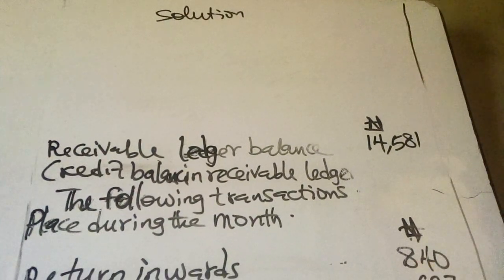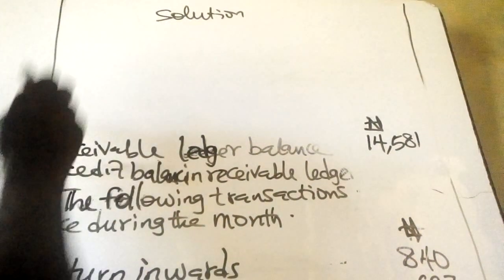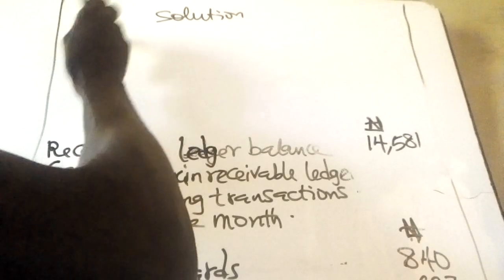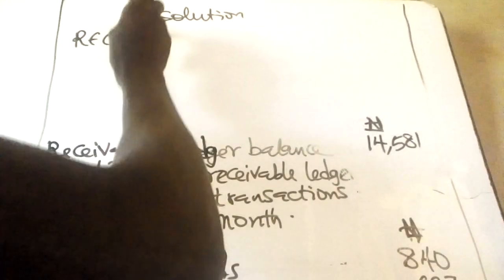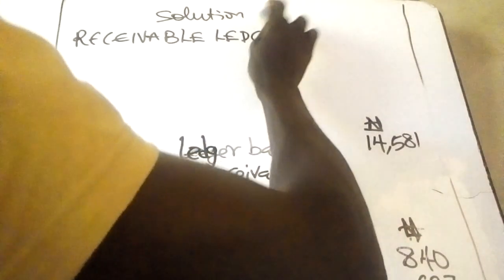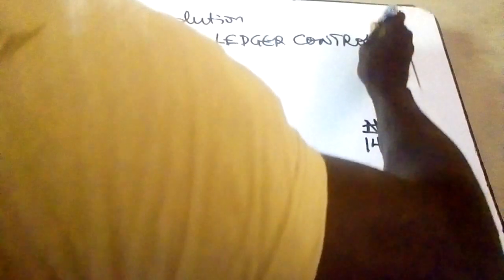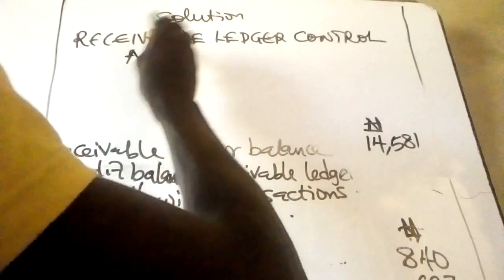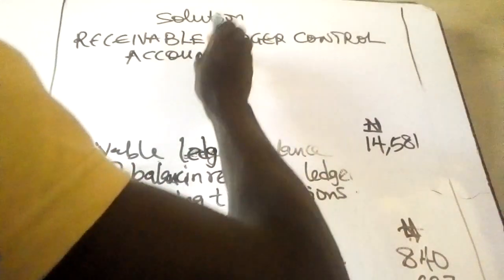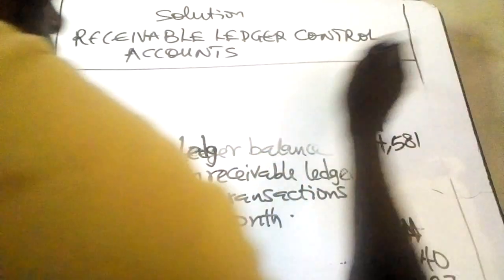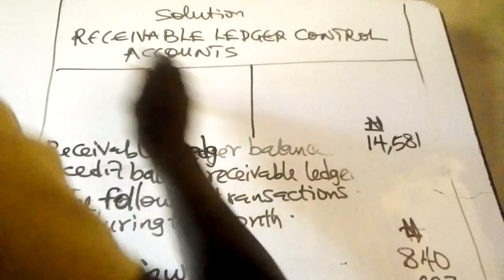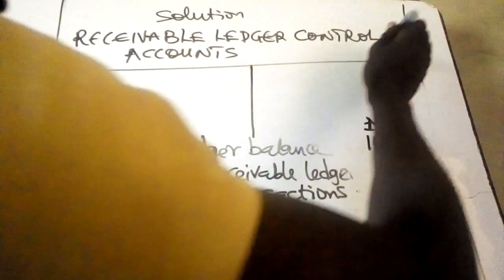We have the receivable ledger control accounts. So you have the debit and the credit side.